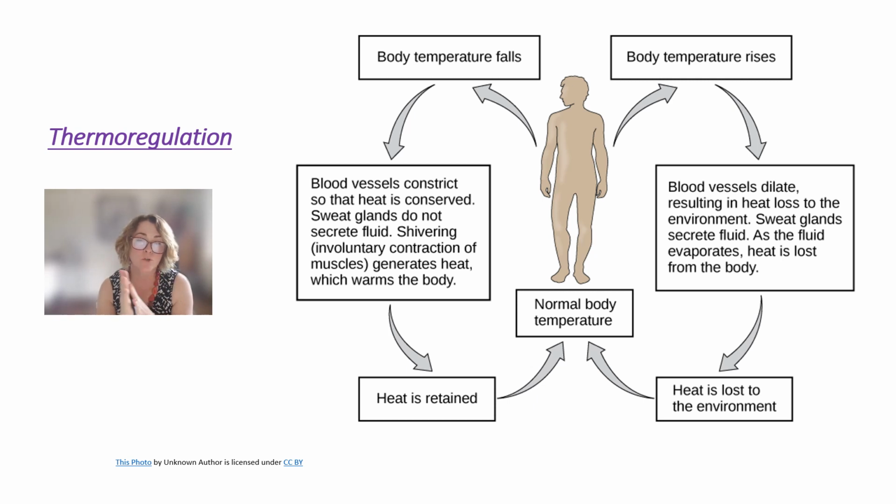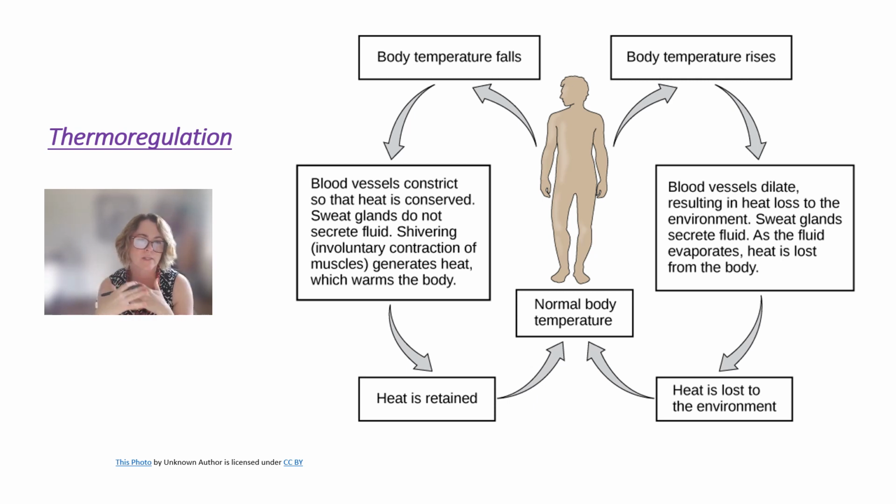Now, as the temperature falls, and I'm sure we've all experienced this when it gets very cold outside, the blood vessels constrict so that the heat is conserved. And then the sweat glands do not secrete fluid, but what happens is that the body starts shivering. So you have this involuntary contraction of the muscles, and that helps to generate heat, which helps to warm the body.